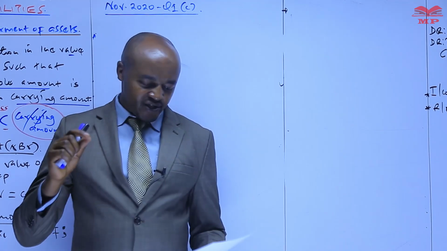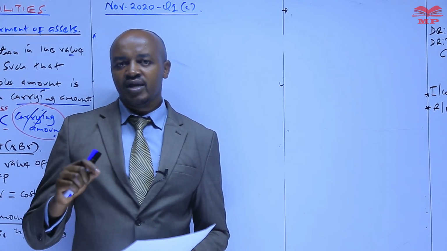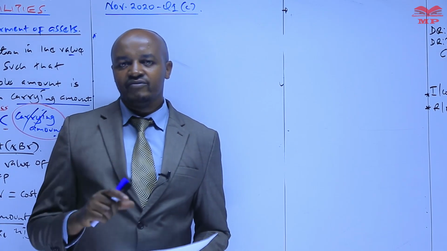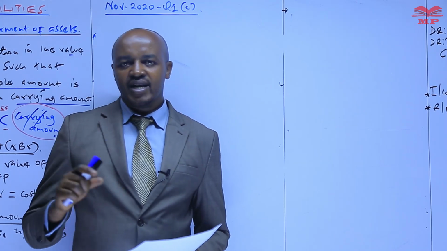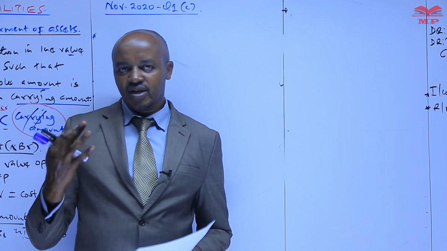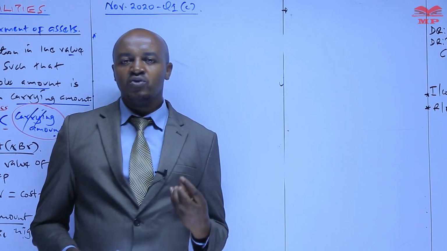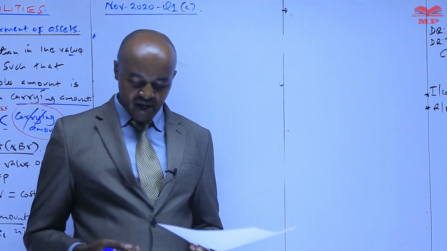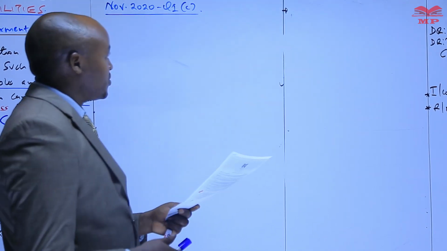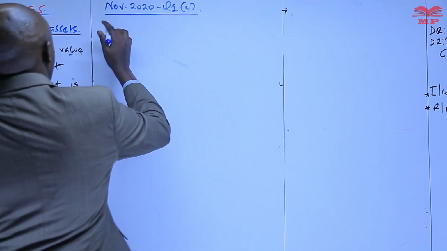As a result, and in accordance with International Accounting Standard number 36, this company must carry out an impairment review by comparing the two values, the carrying amount of the asset and the recoverable amount, in order to determine whether this particular machine is impaired. So therefore, this was the expected solution.